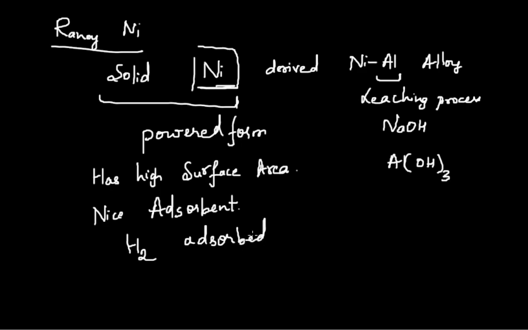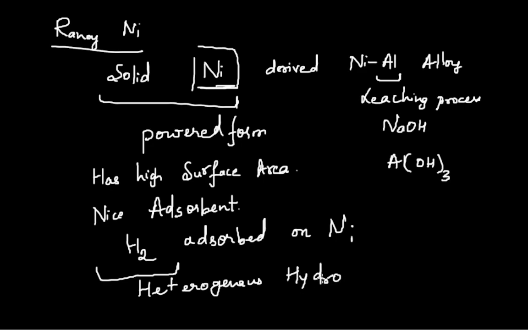When you treat it in the presence of hydrogen, hydrogen gets adsorbed on nickel, and this hydrogen is what causes the heterogeneous hydrogenation reaction. Therefore nickel is called a heterogeneous hydrogenation catalyst.